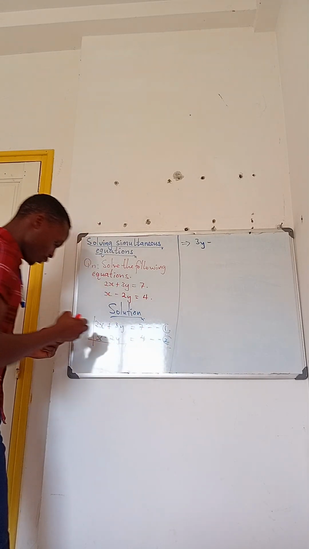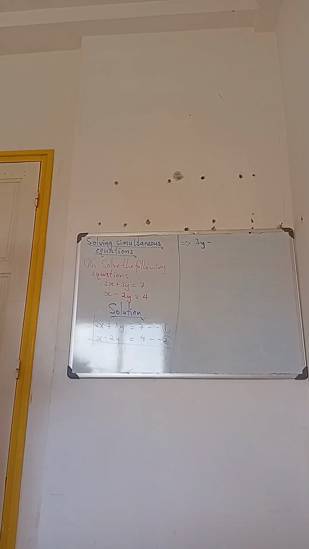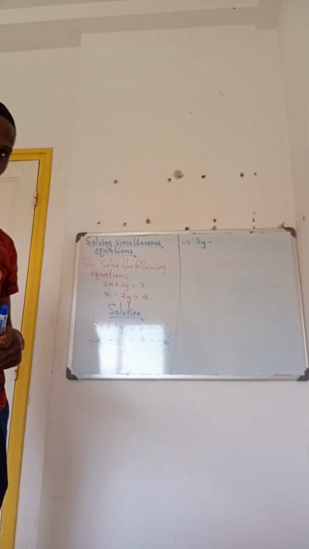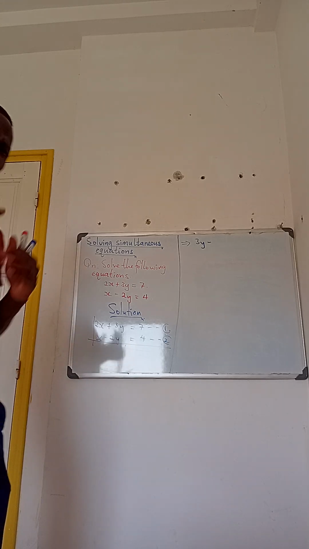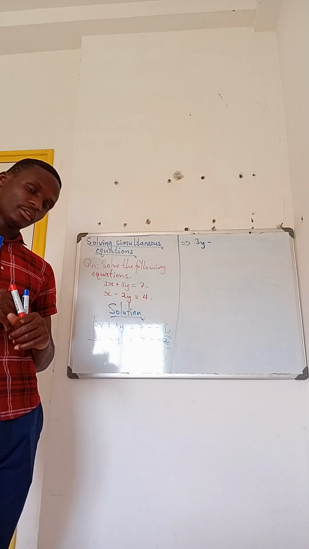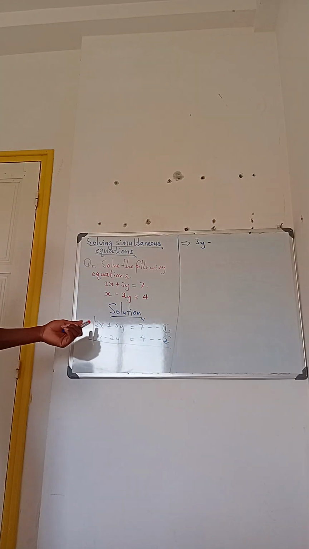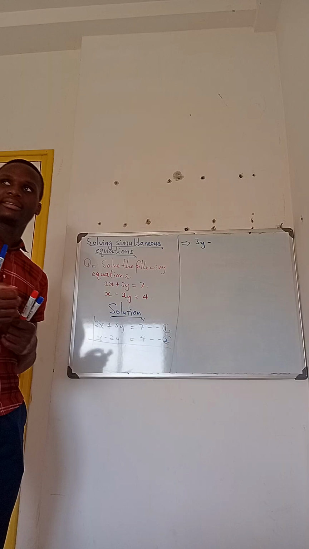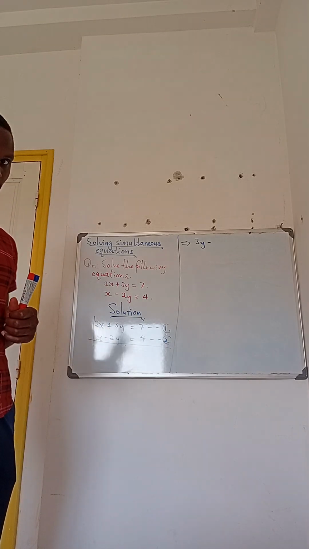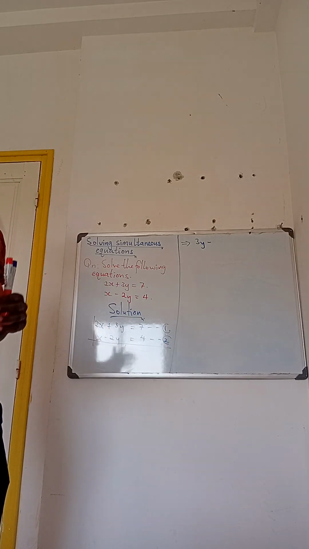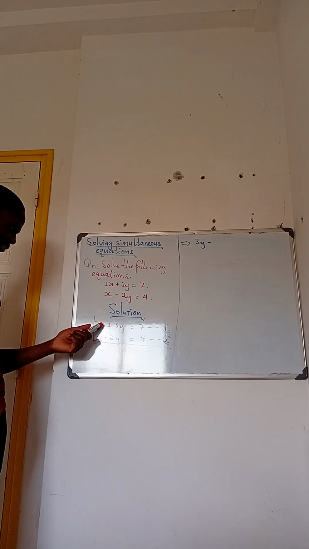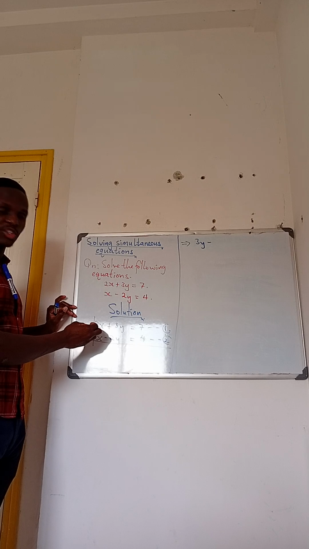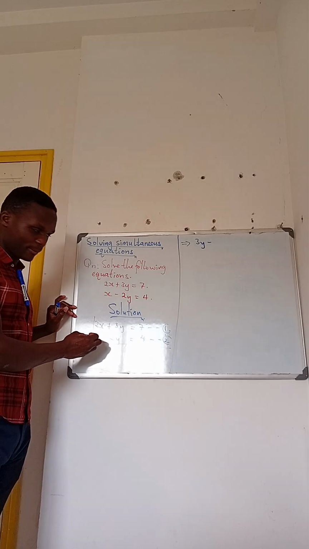We want to choose a variable we are going to eliminate first, so that we can find the value of the other variable. So how are we going to do it? You choose the variable carrying smaller coefficients. So for x, here there is coefficient 2 and here there is coefficient 1.